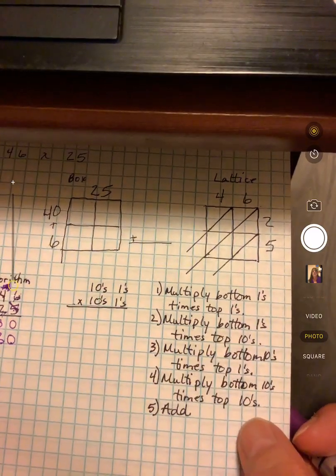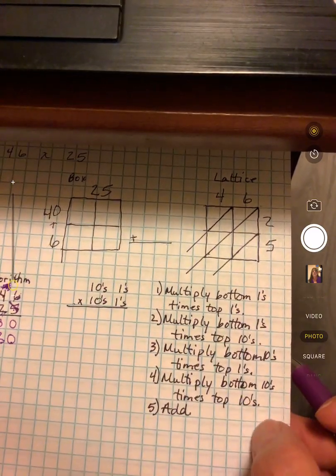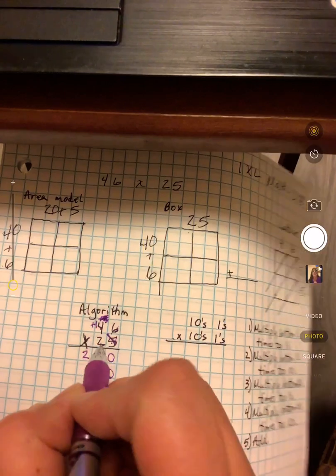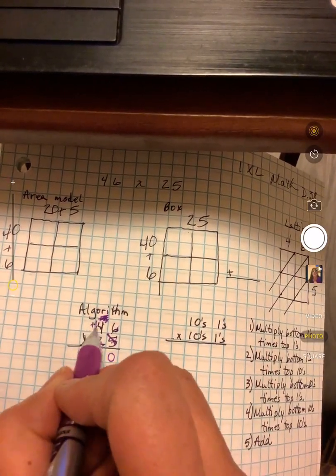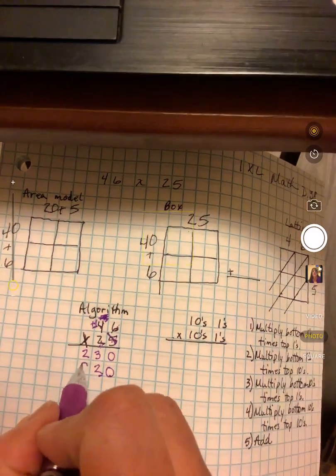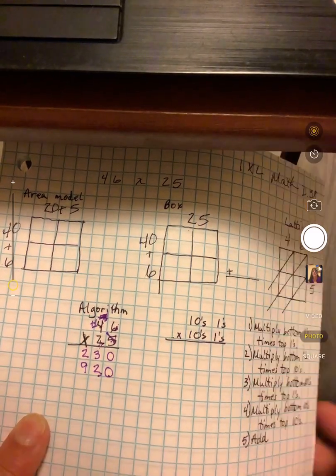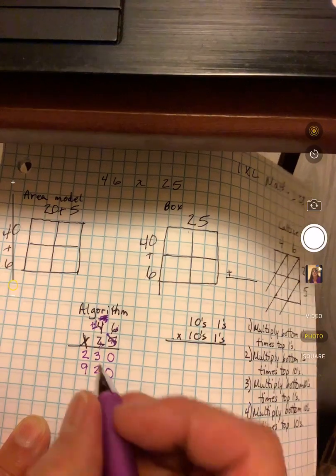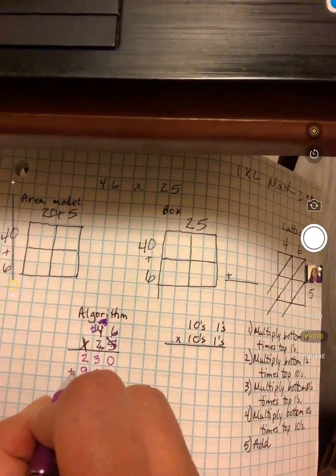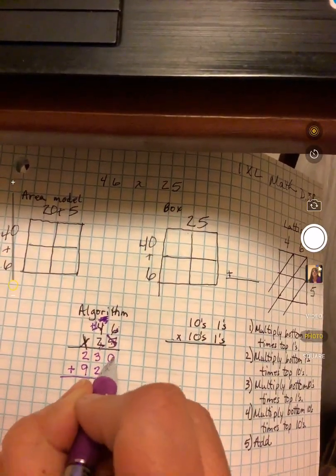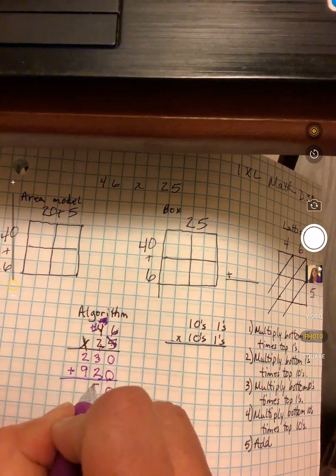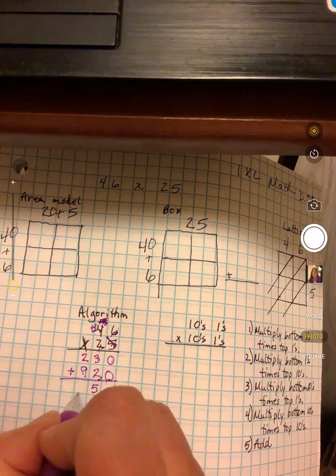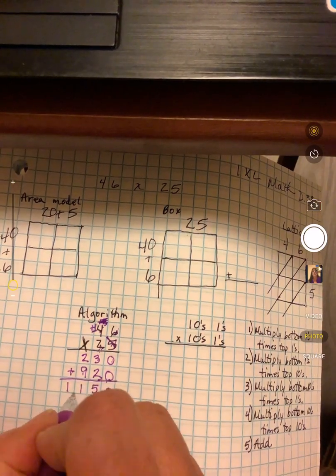Then we multiply the bottom 10 times the top 10. So here's my bottom 10, my top 10. 2 times 4 is 8. Plus 1 more is 9. And then the last one says add. Okay. 0 plus 0 is 0. 3 plus 2 is 5. 2 plus 9 is 11.